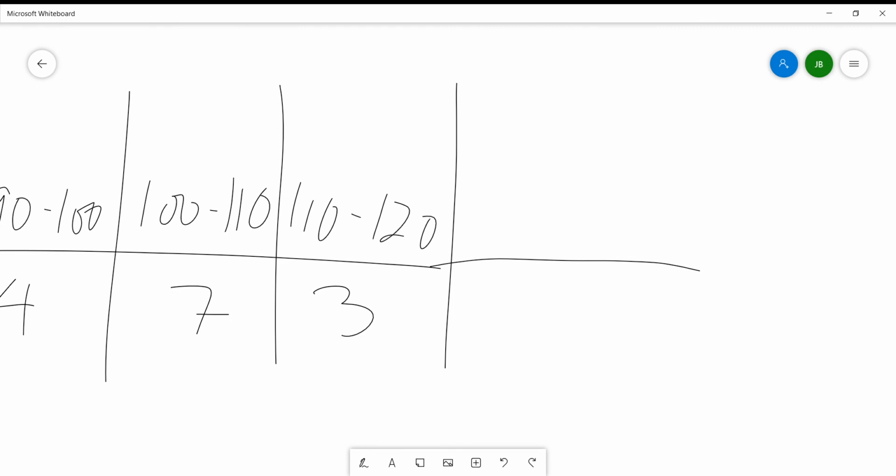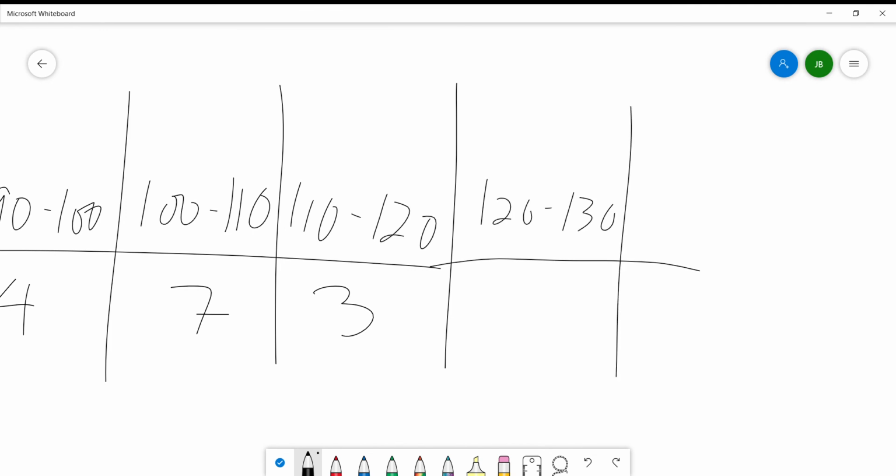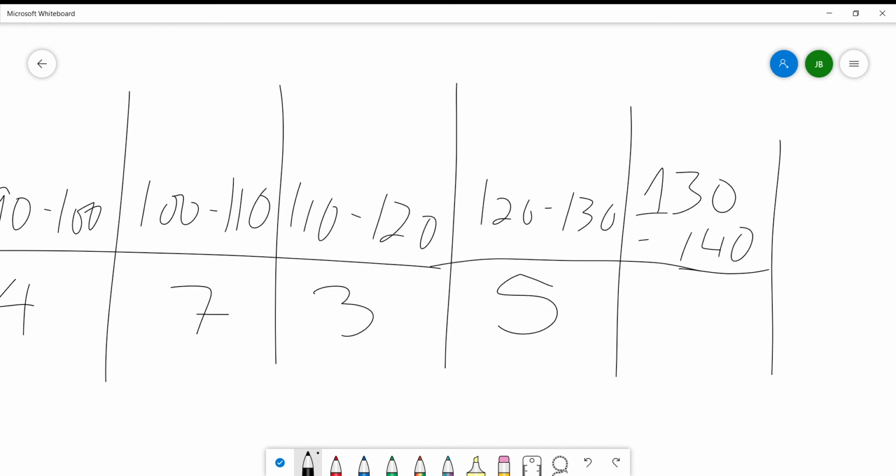What are we on? 120 to 130. Then here we got 130 to 140. You could also just say 130 plus and call that good. That's how I've generally seen histograms go. 5 of them and 2 of those.